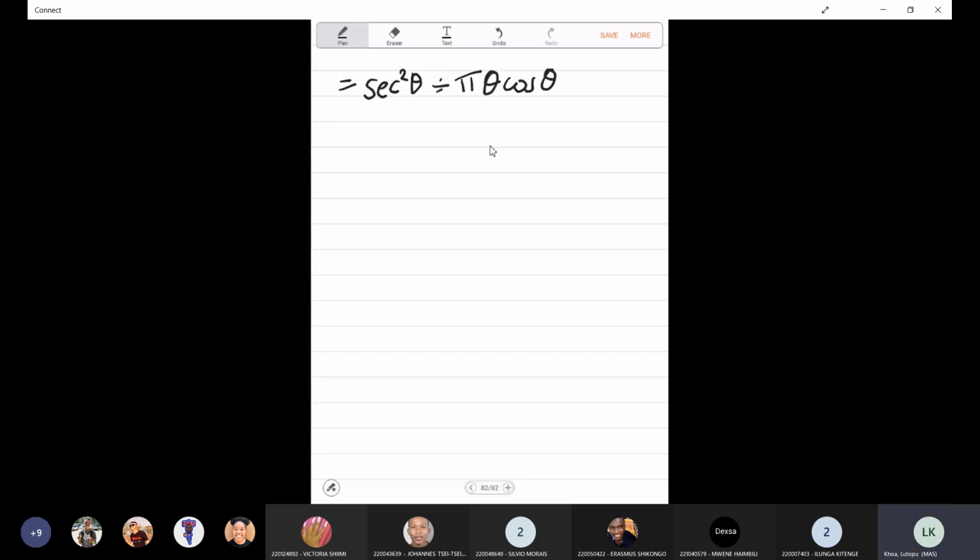Okay, so we know 1 over cos theta is sec theta, so we have sec squared theta times sec theta, so this is sec to the power of 3 of theta over theta.